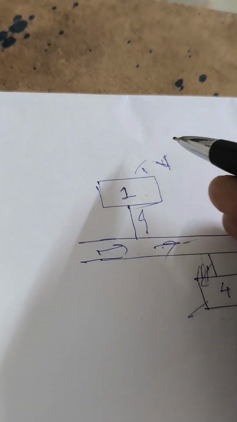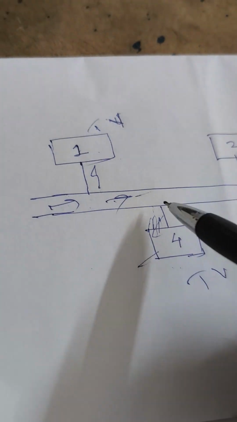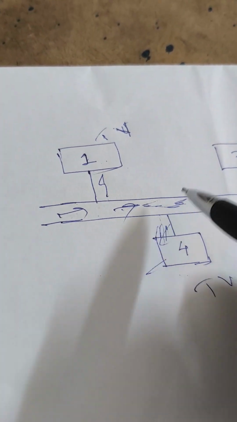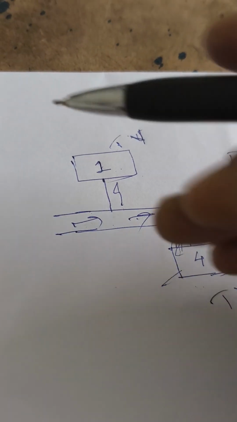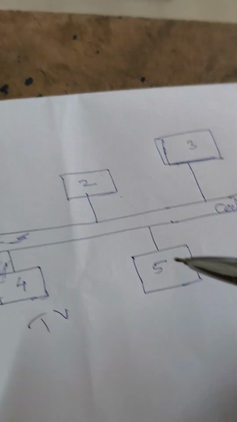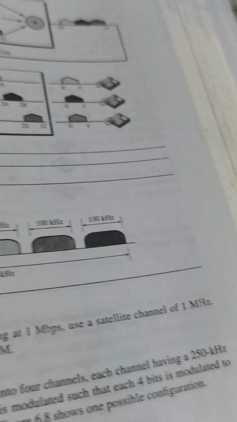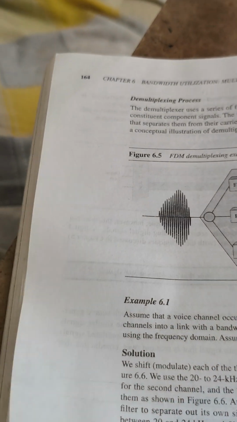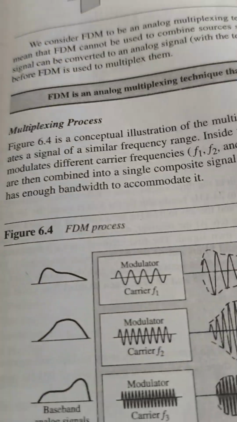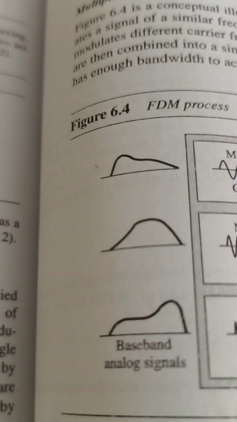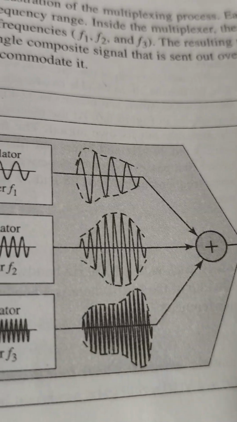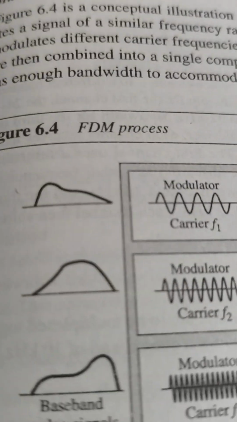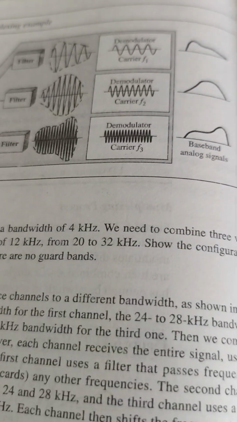The signal propagating through this wire is only one signal, but everyone watches different channels. This is possible because in the field of communication there is a revolution: they do multiplexing. Depending on the frequency, we can watch many different channels.